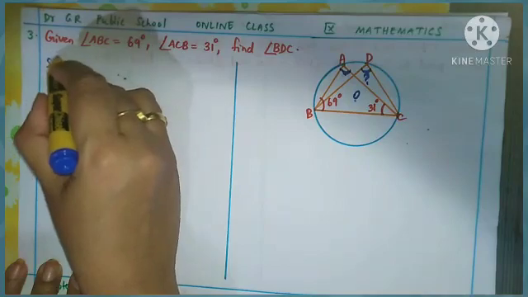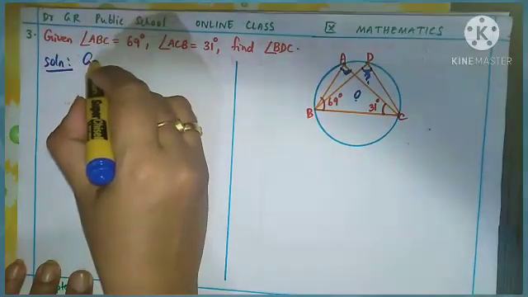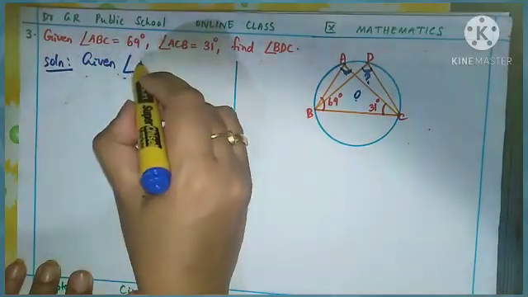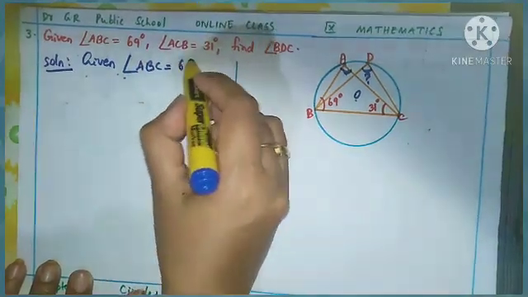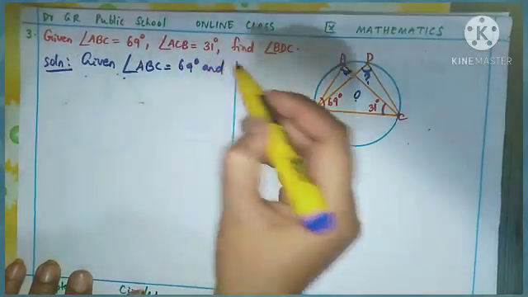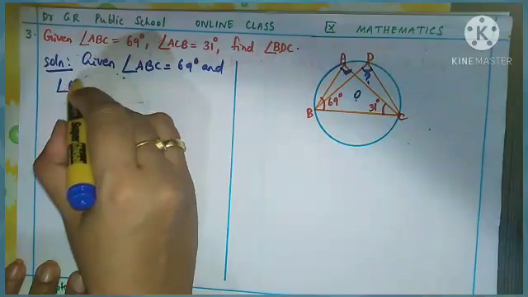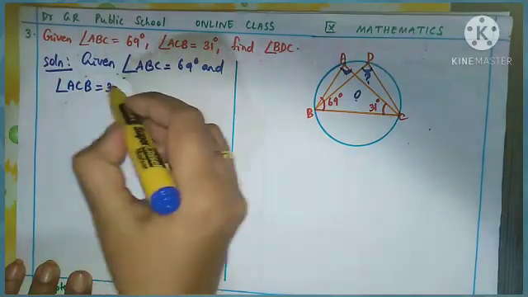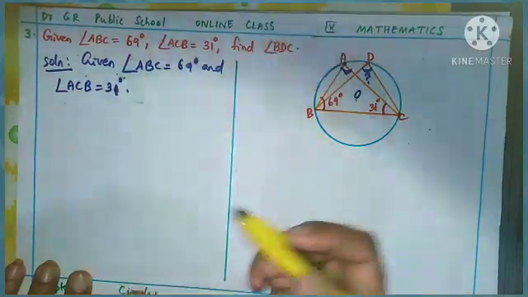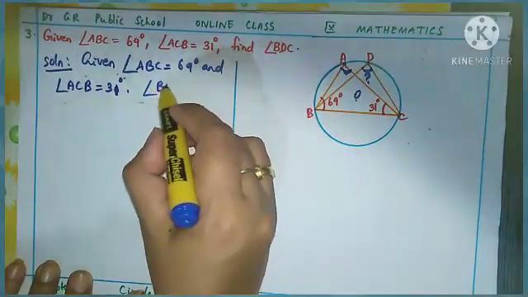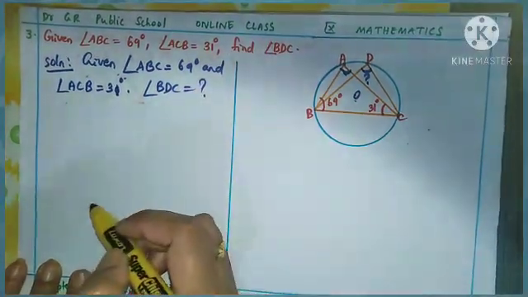So how to write the solution? Given angle ABC equal to 69 degrees and angle ACB equal to 31 degrees. Angle BDC we need to find out.